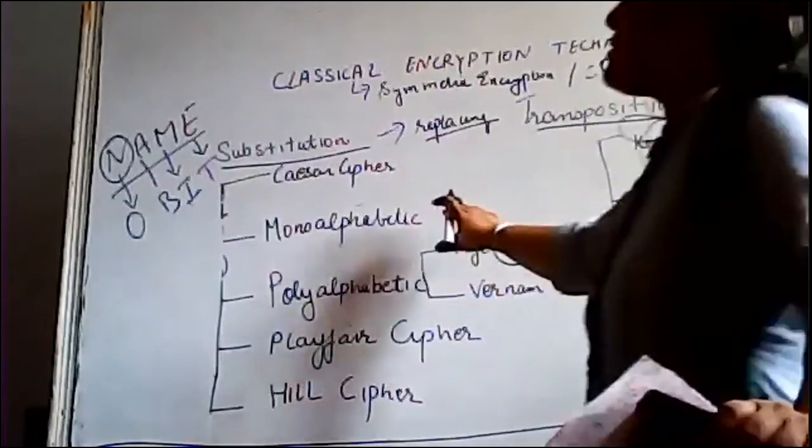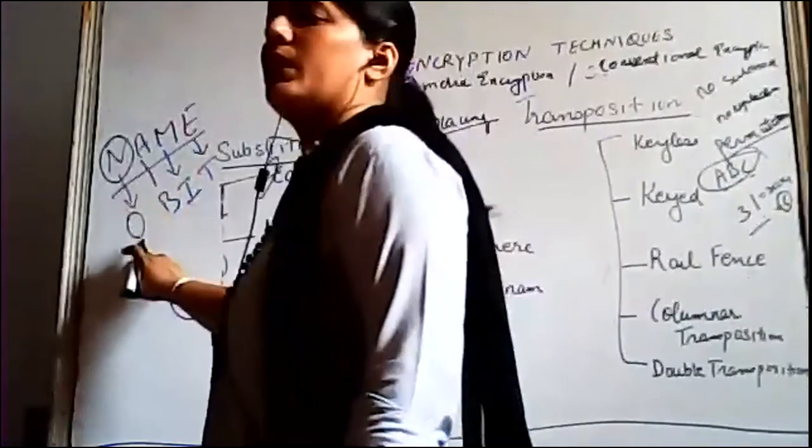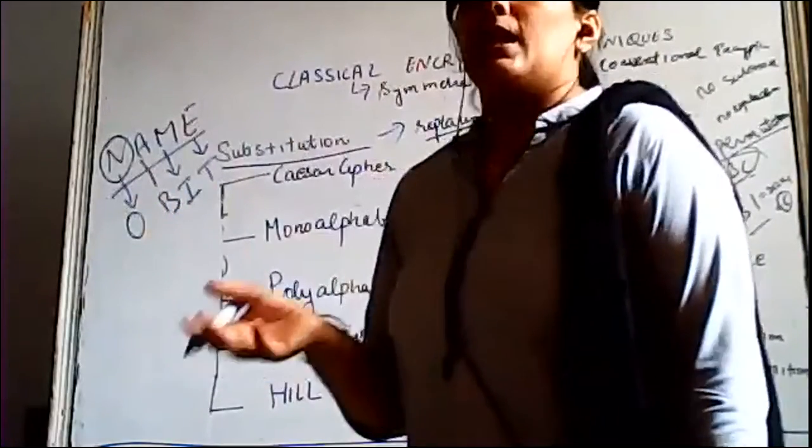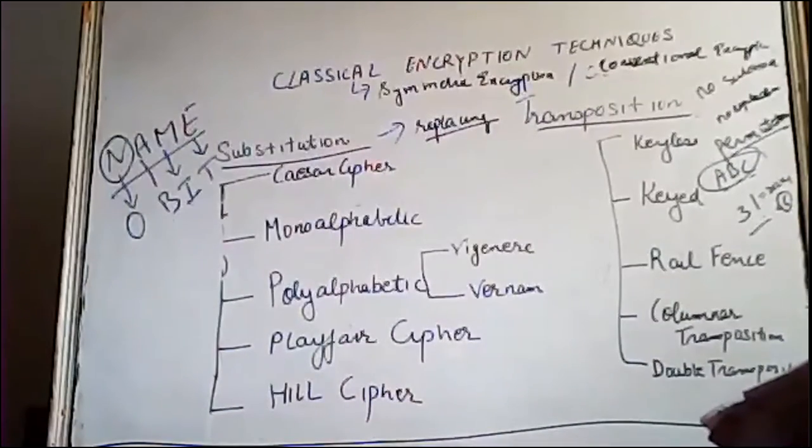When we talk about substitution, that simply means we are substituting a particular letter with some other letter. Again, we have this ABC. How many combinations could there be? 6 combinations.